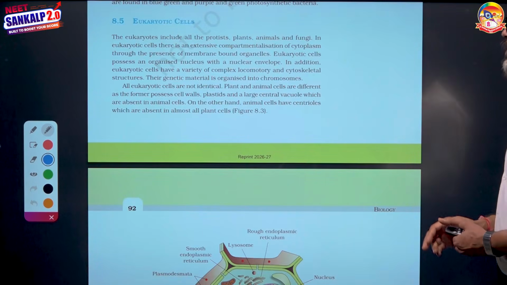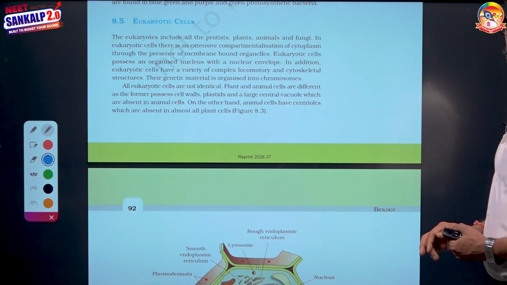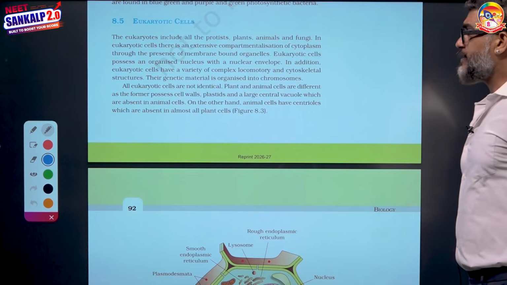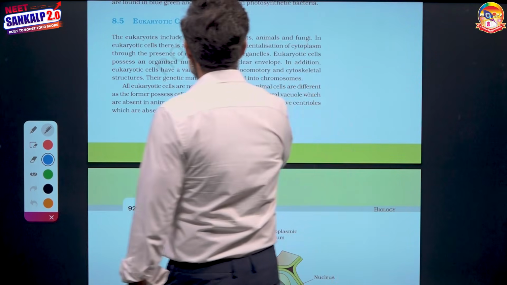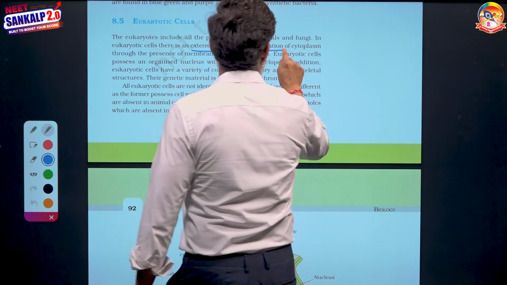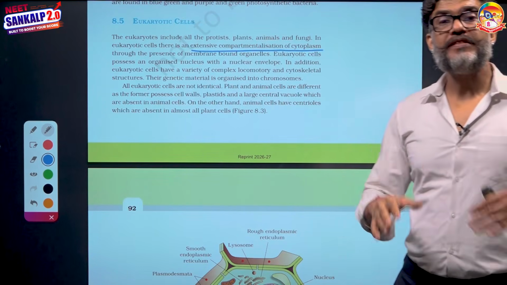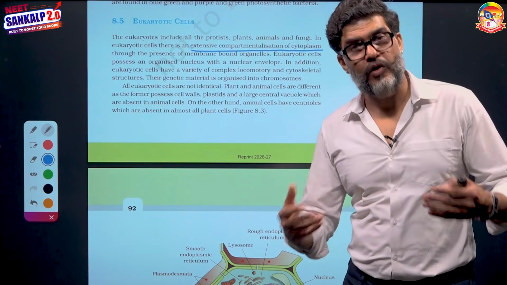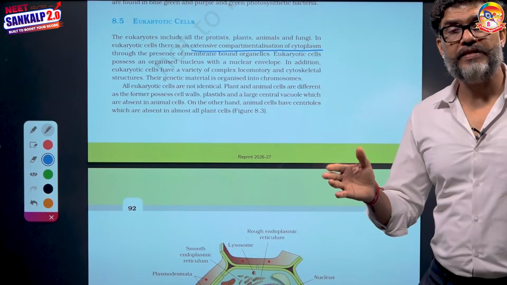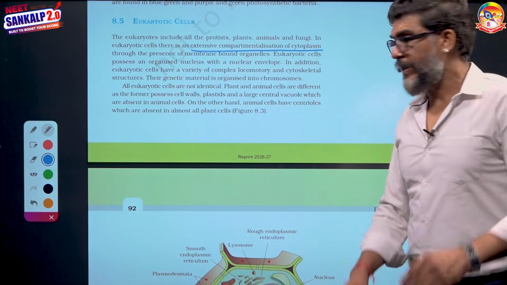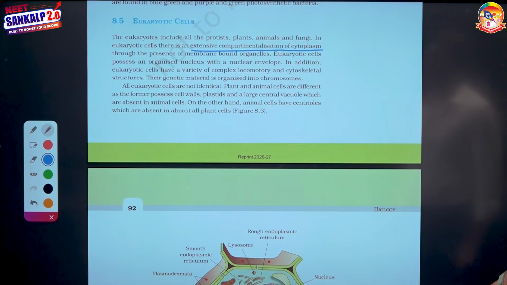Eukaryotic cell. Eukaryotic cells include protist, plant, animal and fungi. Means only monerans were the prokaryotes. In eukaryotic cells there is an extensive compartmentalization of the cytoplasm. What does this line mean? It means membrane bounded cell organelles. Membrane bounded cell organelles represent the compartmentalization of cytoplasm.